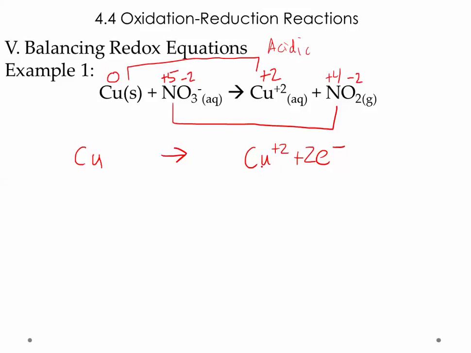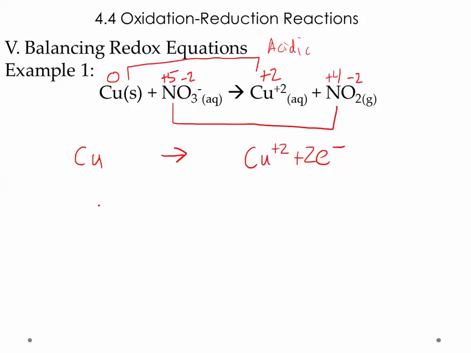This product side has a charge of 0 and this side has a charge of 0, so the charges are already balanced. We don't have any hydrogens to balance and we don't have any oxygens to balance. So this half reaction is done. Basically, copper produces copper +2 plus 2 electrons.